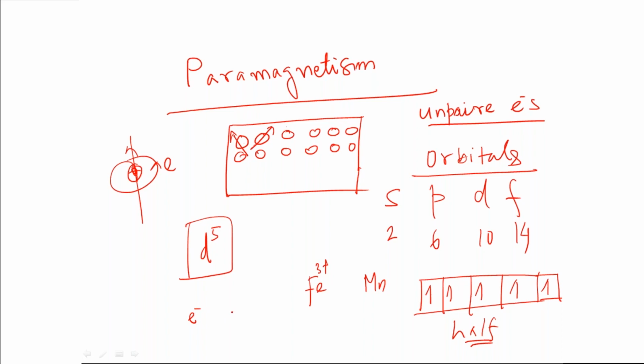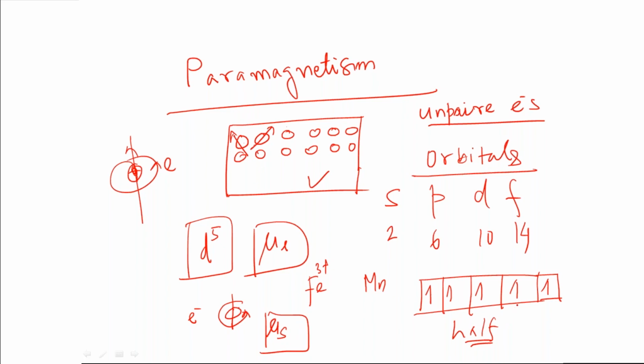So this dipole moment is not due to orbital motion of the electron, but it is actually due to the spin. See, each electron while revolving around the nucleus has its own spinning motion as well, around its own axis. So due to the spinning motion, it has a dipole moment which is denoted as mu s.